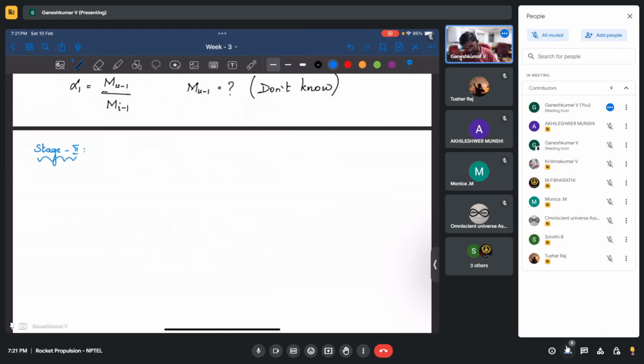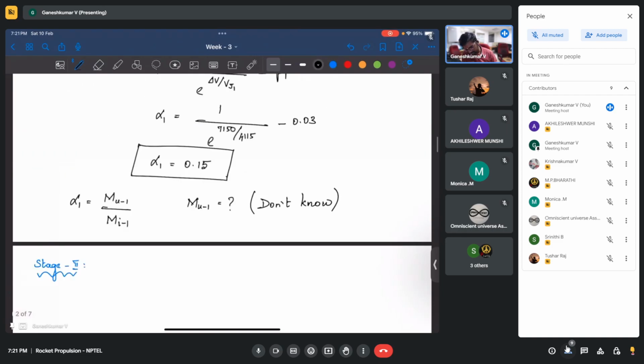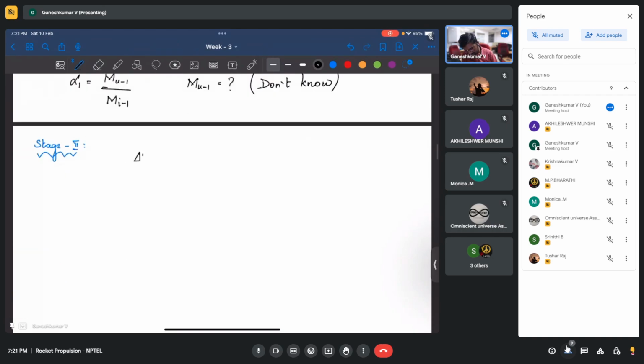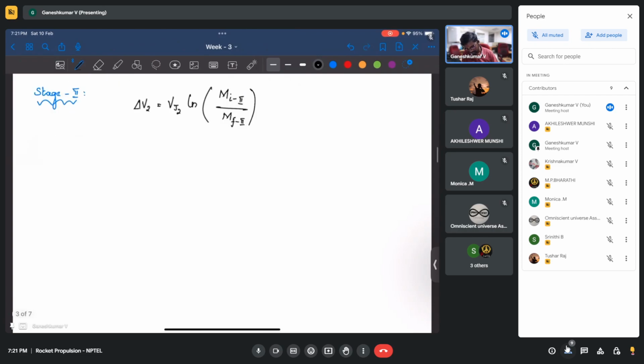For stage 2, again we will write the same equation: delta V2 is equal to Vj2 times natural log of mi of 2 by mf of 2. So we can write this as Vj2 ln of 1 divided by alpha 2 plus beta 2. This is for the second stage.